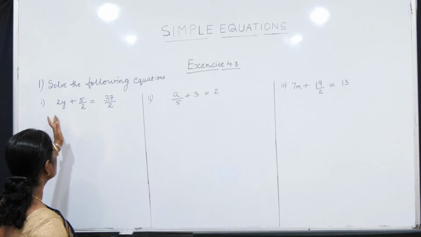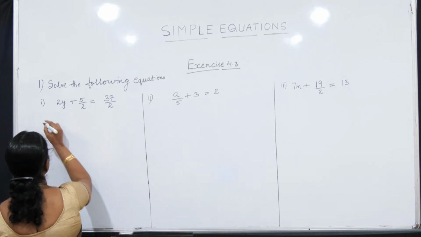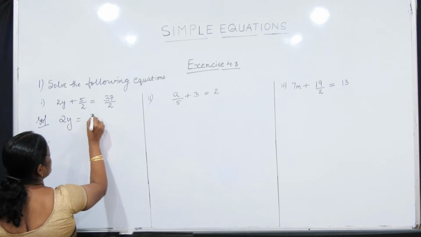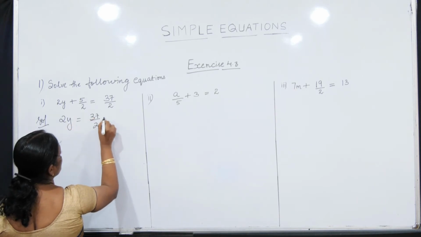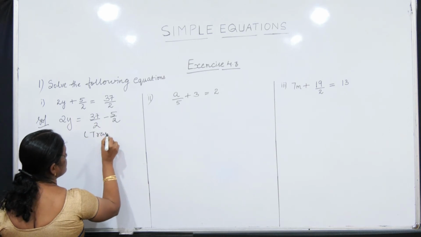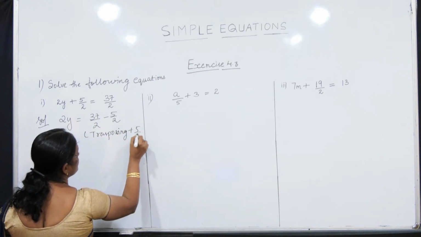Students, the first equation is 2y is equal to 37 by 2 minus 5 by 2. Here the solution to this equation: we can write 2y is equal to 37 by 2 minus 5 by 2 by transposing plus 5 by 2 to RHS.